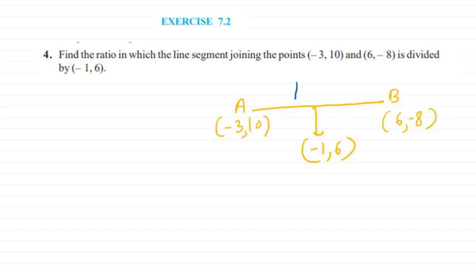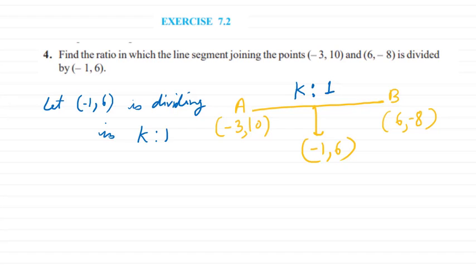So let's say it is dividing it in the ratio k:1. Now, as you know the section formula, we will use the section formula here as well. We will use this to find out k.